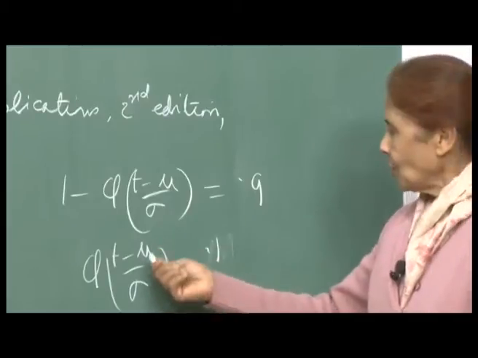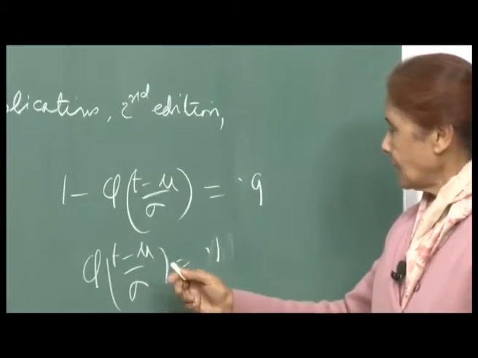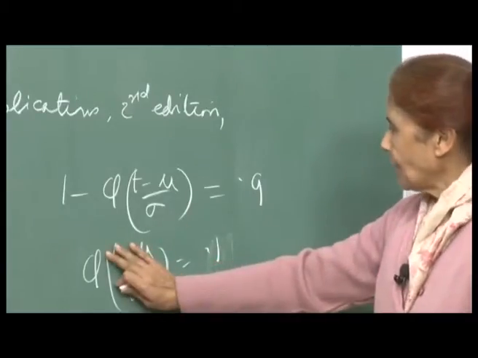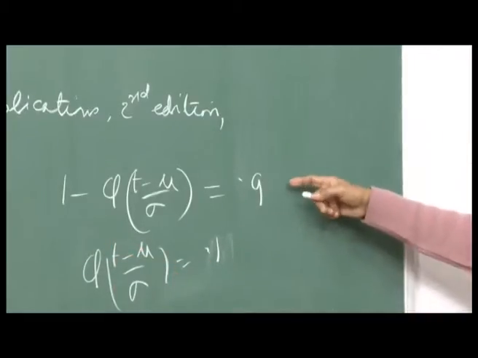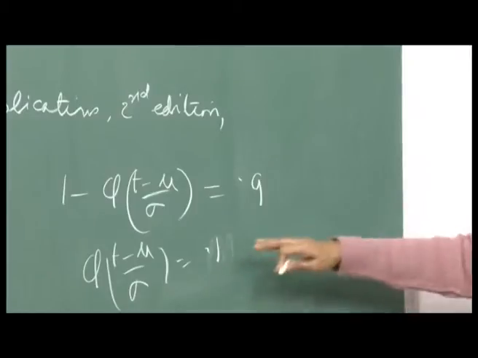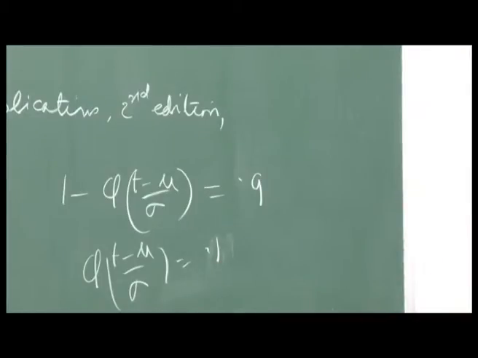Then given mu and sigma, you can look up the tables for the value corresponding to 0.1, and then the corresponding value of t will be available. Similarly, when you put 0.95 and 0.99, you can accordingly get the values of t. So, how many hours of operation may be considered? You can answer for all the 3 values of the reliability level.